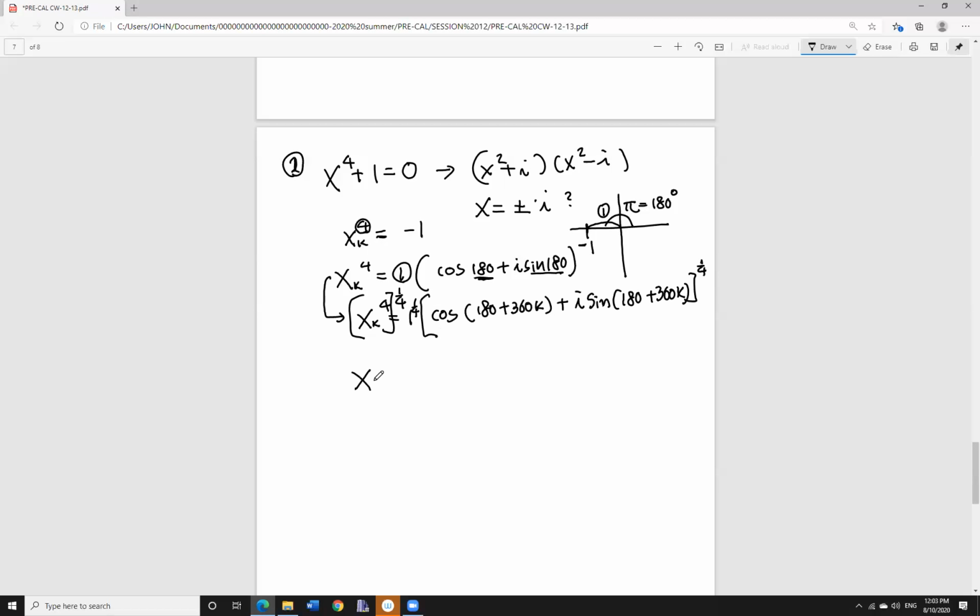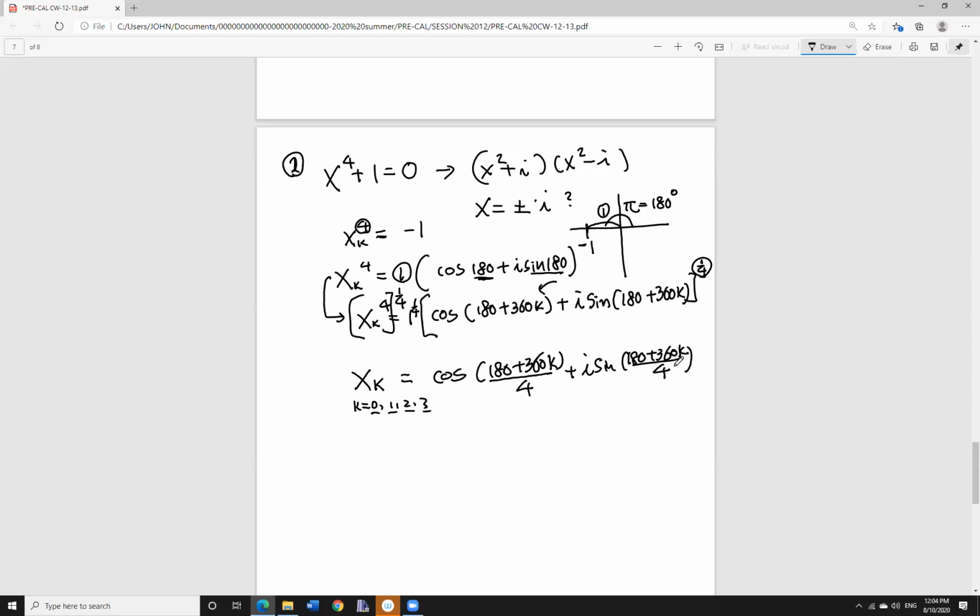So the root x_k, where k equals 0, 1, 2, 3, that's all, 4 roots. 1 to the 1/4 power is still 1. The angle is divided by 4, so cosine of (180 plus 360k) over 4, plus i sine of (180 plus 360k) over 4.